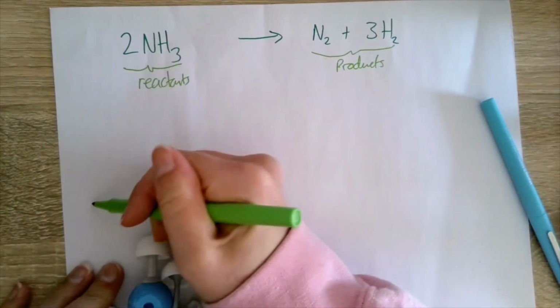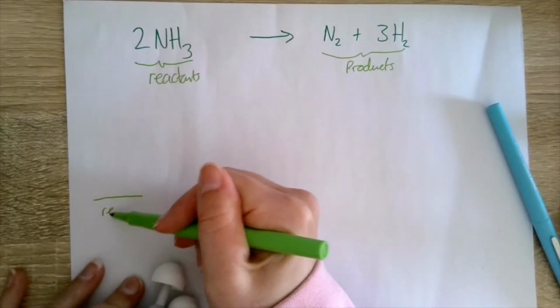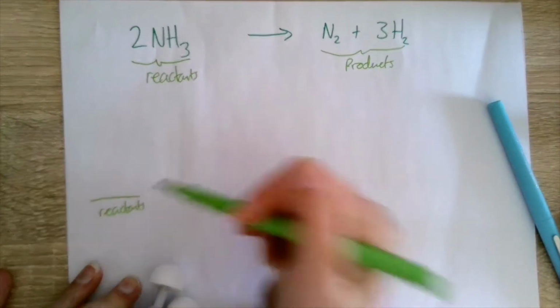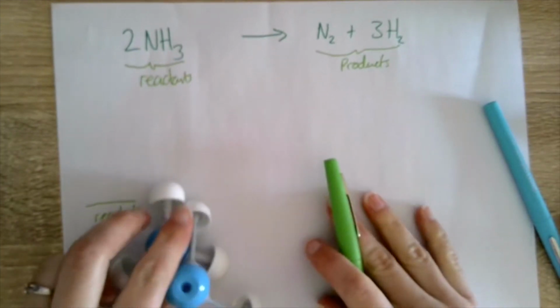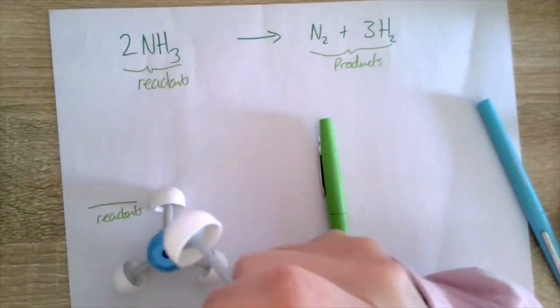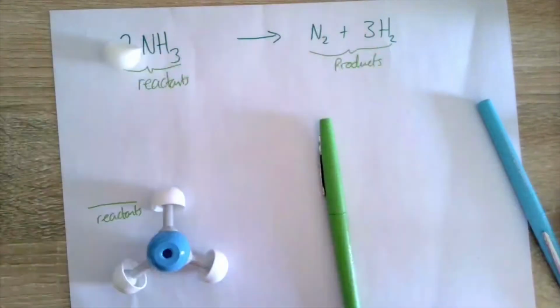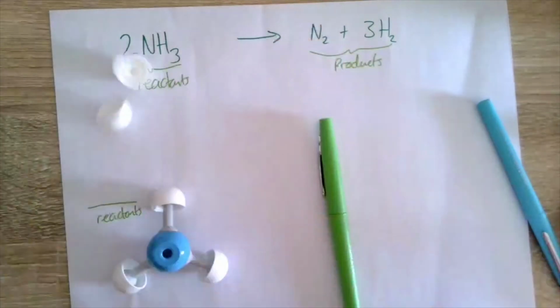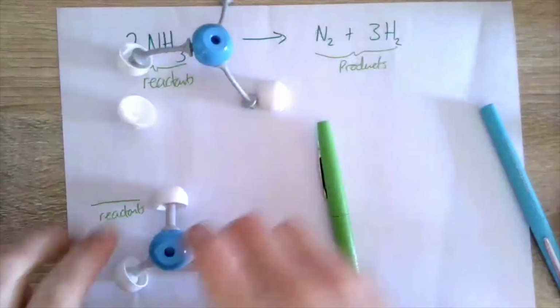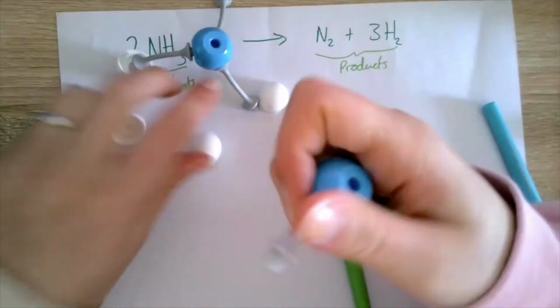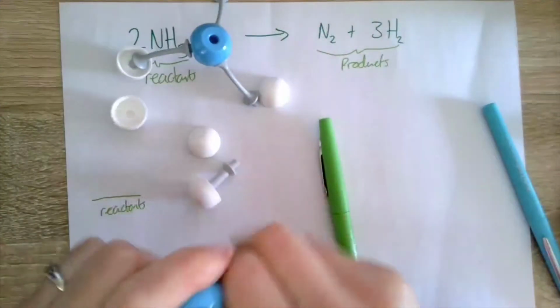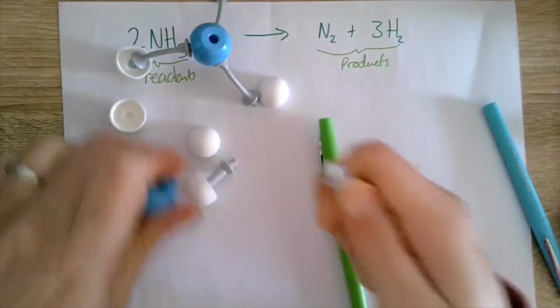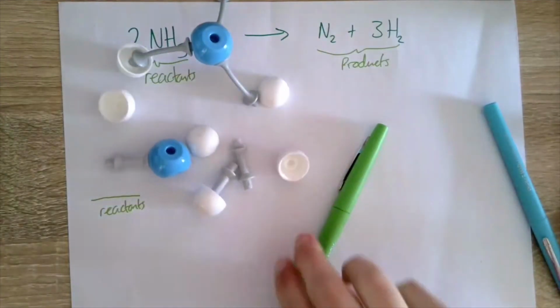So we're starting again with the energy of our reactants. We are having to break these nitrogen-hydrogen bonds. So that's 3 bonds broken for one of the molecules and 3 bonds broken for the other molecule.